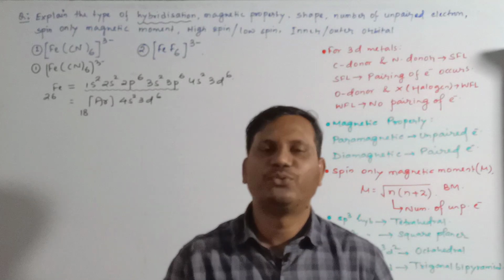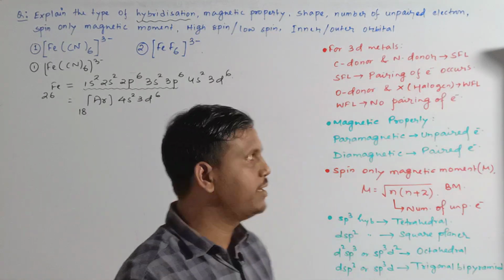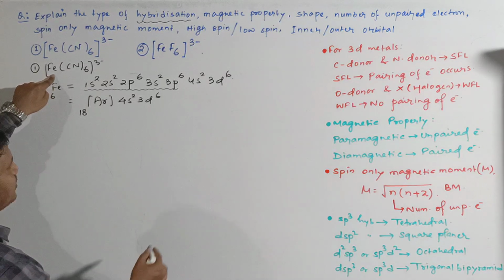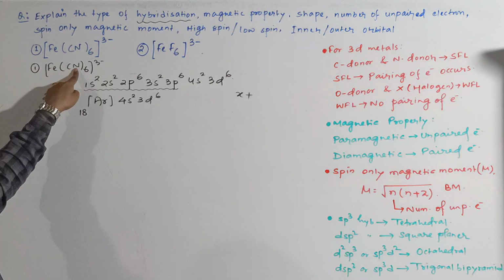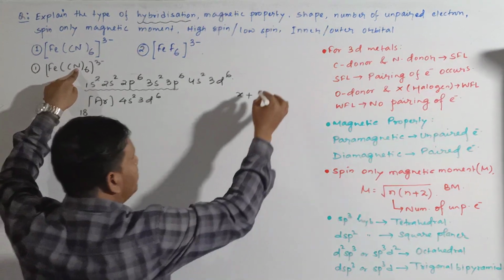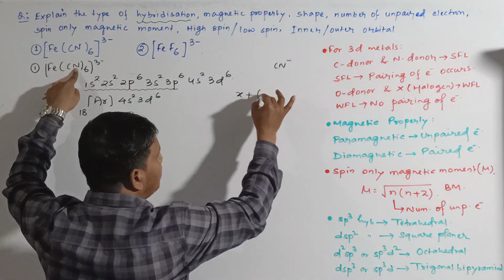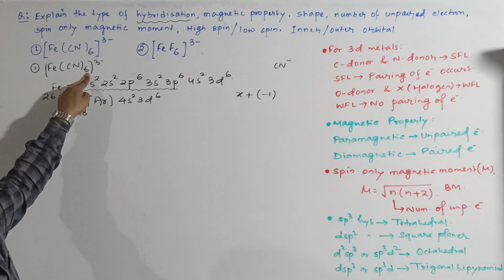Now second, find the oxidation number, meaning the charge of iron here. Let us take the charge of iron to be x. Then CN: what is the charge of CN? As we know, CN is negative, so one CN has the charge -1. How many CN are there? 6.